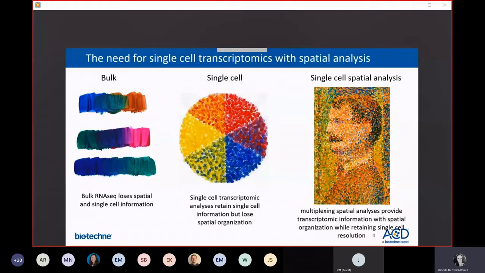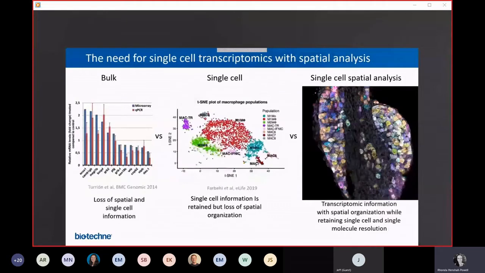So to overlay some real data on top of that analogy, we have the histogram of bulk sequencing, which is a powerful tool, but what you end up with is a sense for relative levels of gene expression in a sample respective to control genes. In the middle, there is a TSNE plot of single-cell RNA-seq data, where cells are clustered now according to their relatedness to one another.